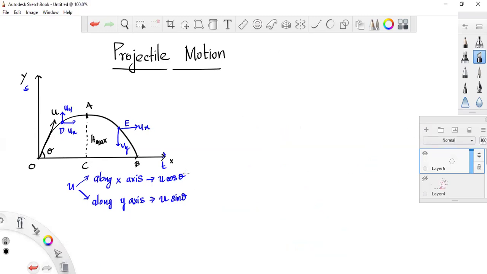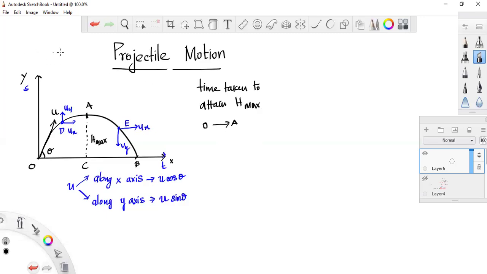Okay. So we're going to find the time taken to attain maximum height, H max. So the object is traveling from, say, O to A. So for the time factor, I'm going to use the equations of motion.